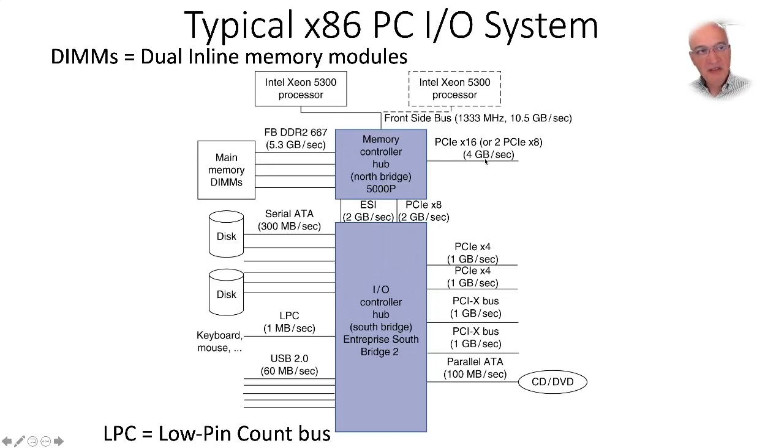I can have a PCIe, a Peripheral Component Interconnect Express, that is maybe connected directly to the North Bridge, but I may have other PCIes that may be slower. So this one will be a fast one. Slower ones may be connected to the South Bridge, and I may have my disks, keyboard, mouse, etc. connected through USB ports connected to the South Bridge.